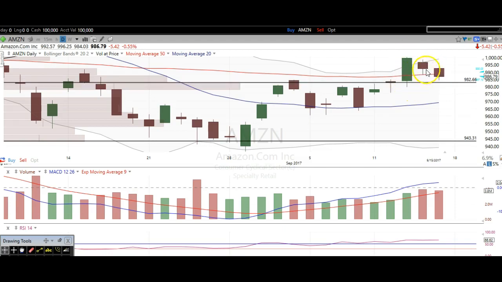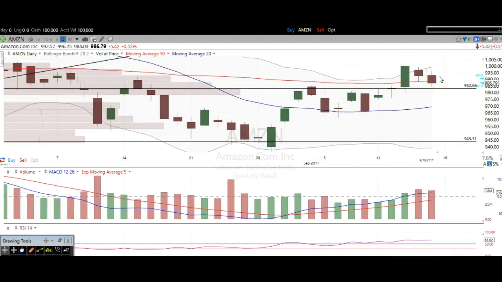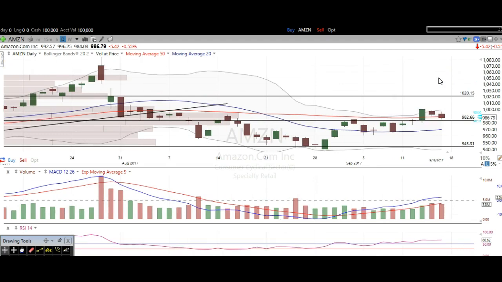What I mean by inside is this day traded inside the high and the low of this day, and this day as well inside the breakout day. So we're consolidating, building up energy for the next move higher. At least that's the way that I'm seeing it, as I do think that Amazon is going to get a bounce off of this level and then head back up to about 1020.